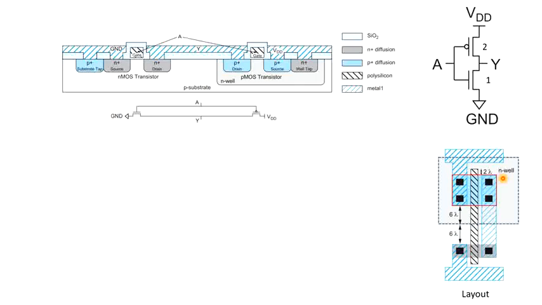Besides, we can also see some dimensions written here, for example this 2 lambda, 6 lambda, again here 6 lambda. So what are these dimensions? These are the dimensions of this layout. Remember, this layout represents the actual dimensions of the device on the silicon substrate.